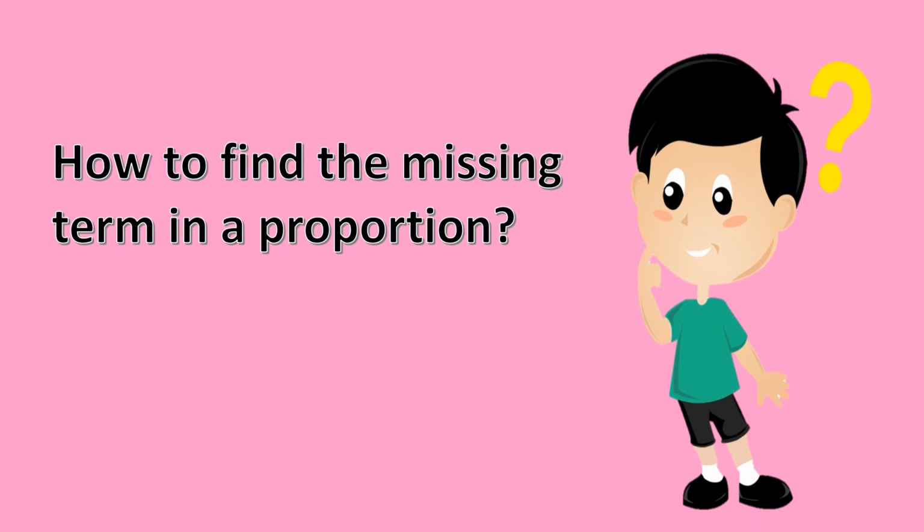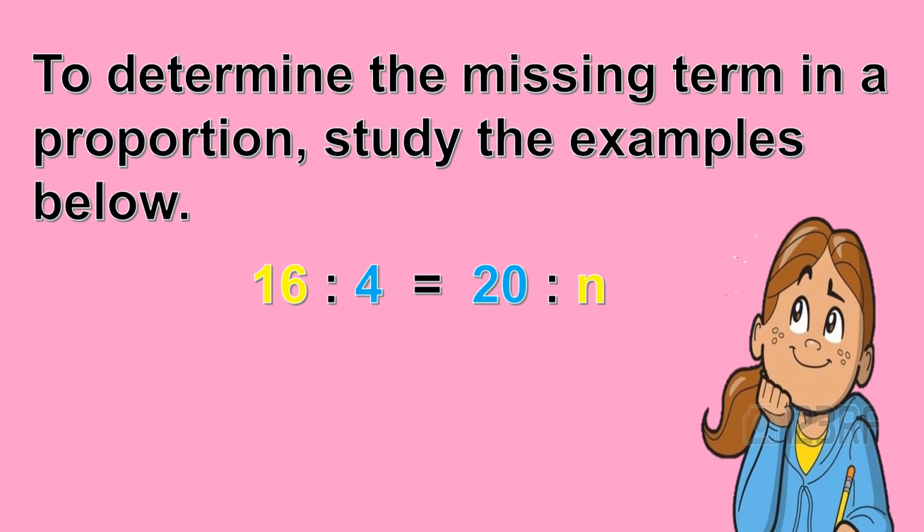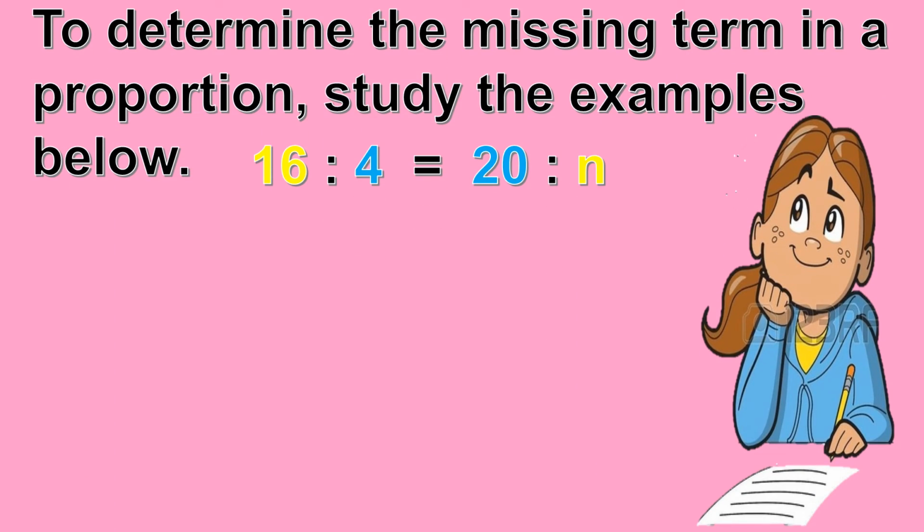Now, let's answer the question how to find the missing term in a proportion by giving an example. To determine the missing term in a proportion, study the examples below. Example, 16:4 equals 20:n.